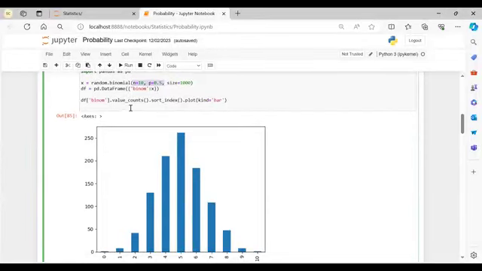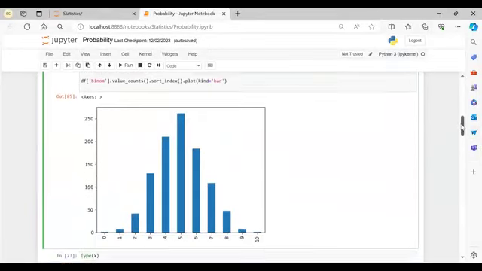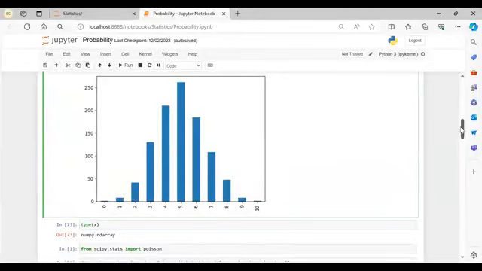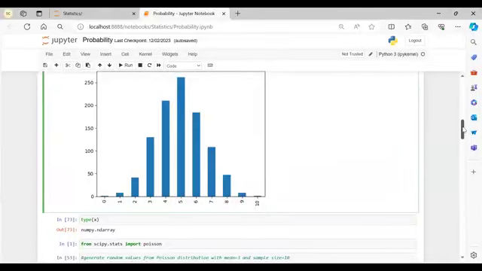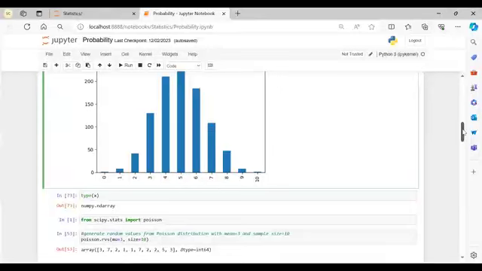And after that, I created this plot. Now this plot gives me an indication of how many points have been generated for each of those values. So basically it is a frequency and these are the values. It gives you an indication of which values have higher probability to be chosen. So for example, here 5, 4, 6 are the values which have a higher chance to be chosen from this distribution.